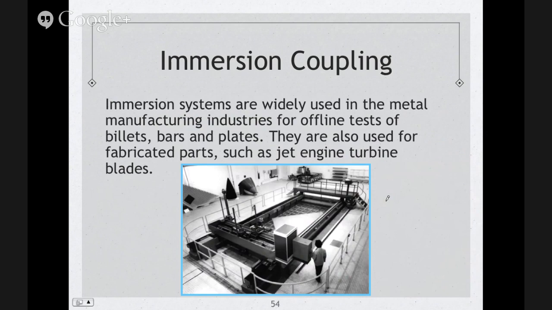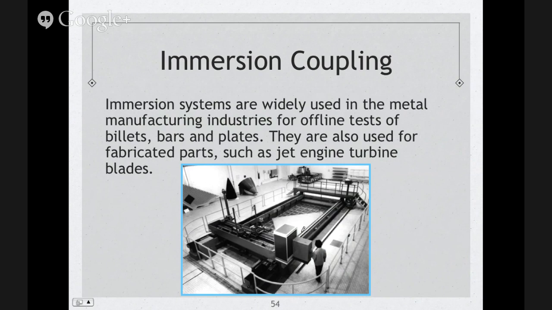Immersion systems are widely used in the metal manufacturing industries for offline tests of billets, bars, and plates. They are also used for fabricated parts such as jet engine turbine blades. Again, this is a massive setup. This is your bridge, and this is maybe a plate, sheet metal, and you're just moving the transducer left and right as this moves forward.